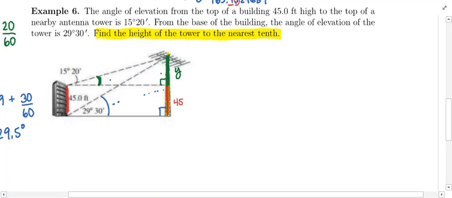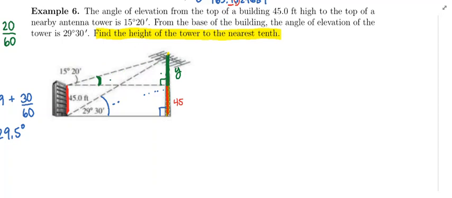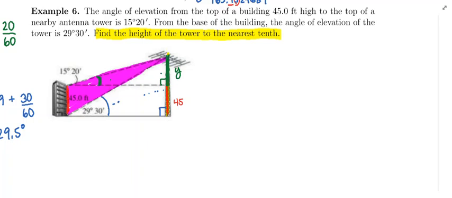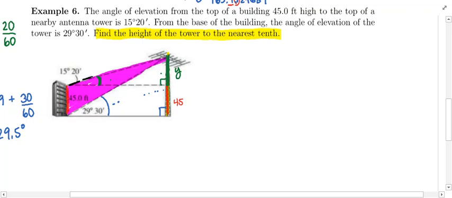If you look closely, there's actually another triangle in this picture. I'm going to color it purple. It is not a right triangle, it is oblique. But here it is. If you notice this side, which I'm going to color black, it is shared by the purple triangle and the one that I had highlighted green.